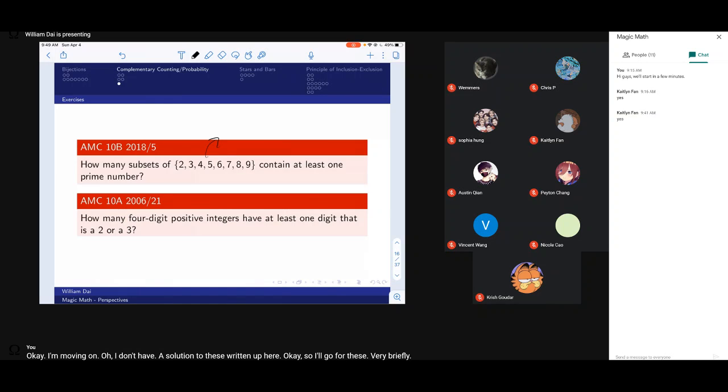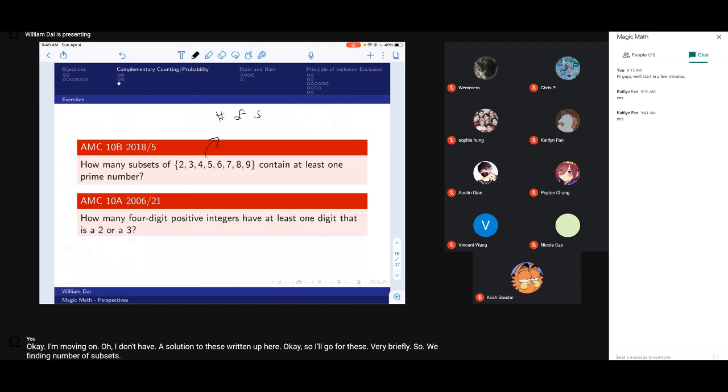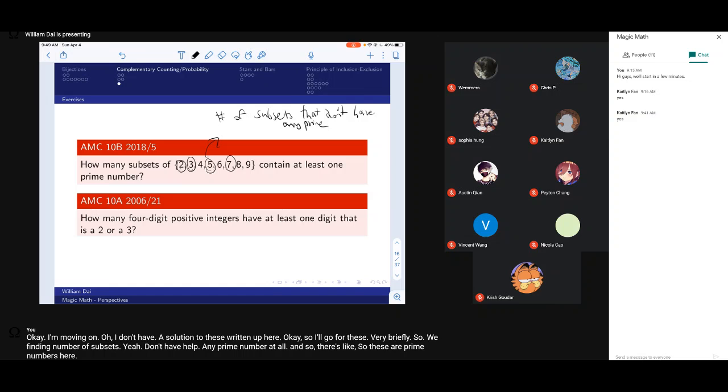So we find the number of subsets that don't have any prime number at all. These are prime numbers here. So there are 4 prime numbers and 4 non-prime numbers.